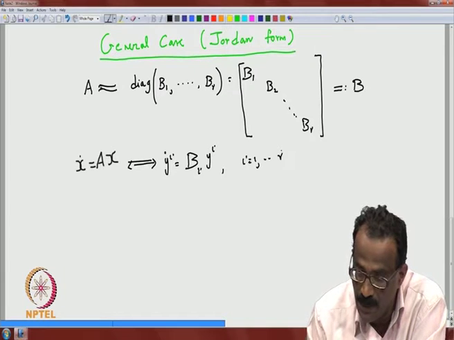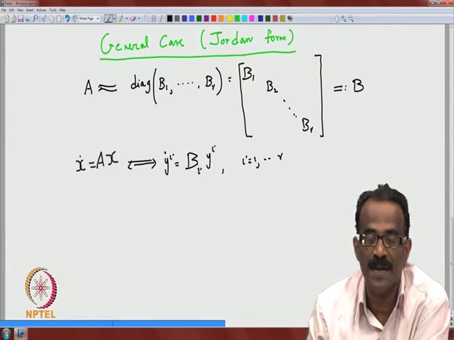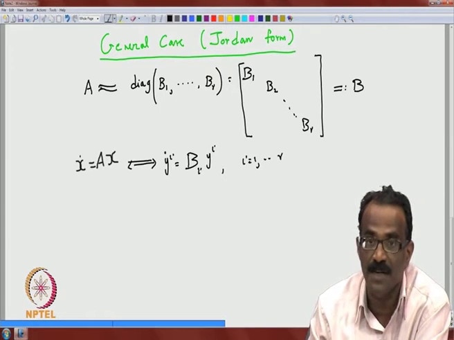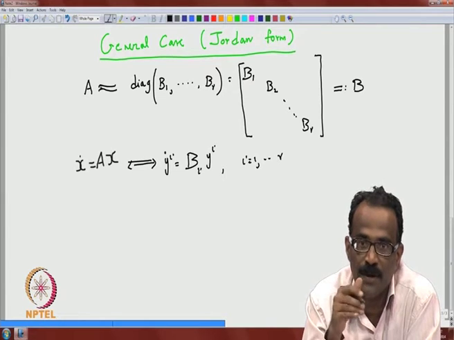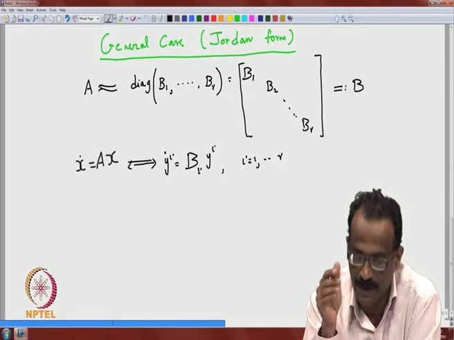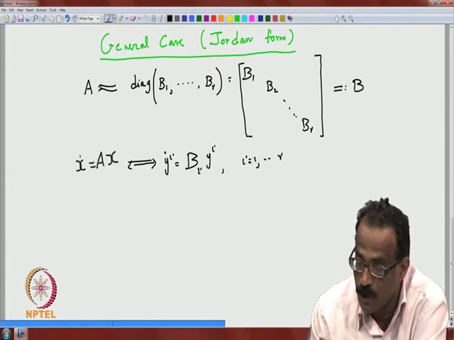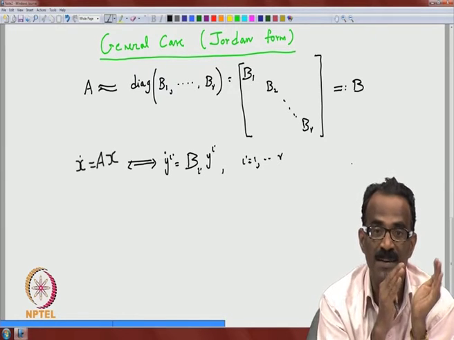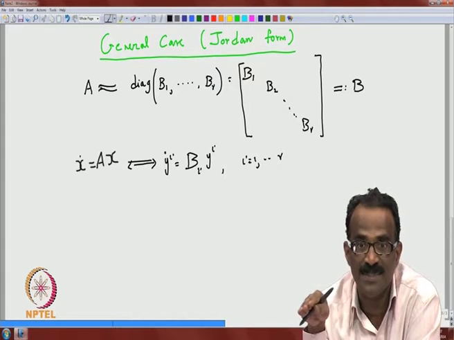Each Yi is a vector corresponding to Bi: if Bi is a ki by ki matrix, then Yi is a vector of order ki. So you can solve for all these things. A bigger system eventually reduces to solving smaller systems.